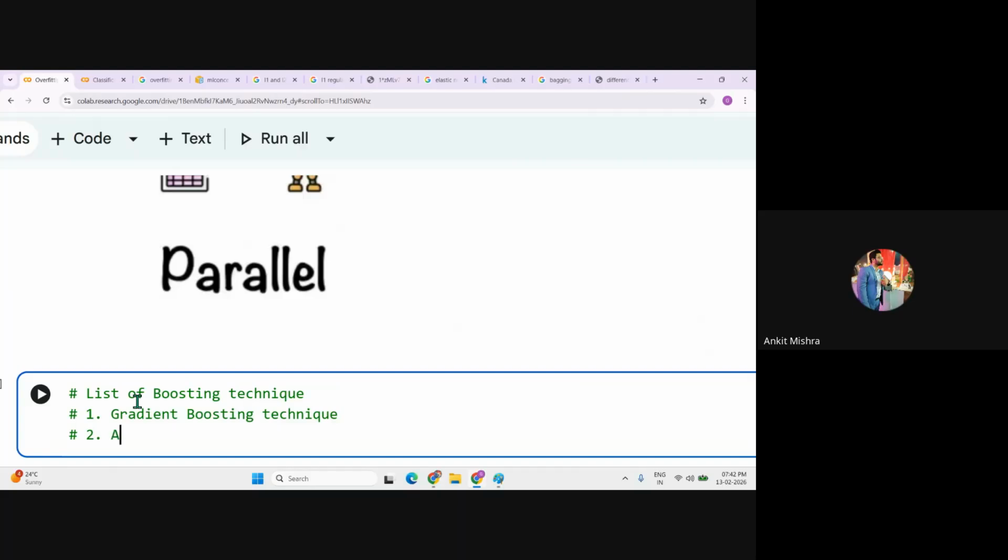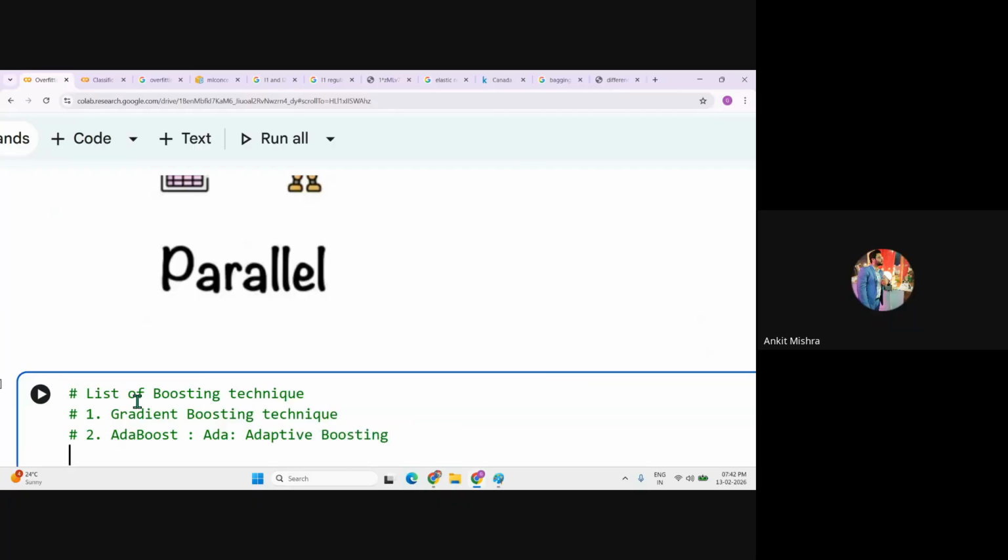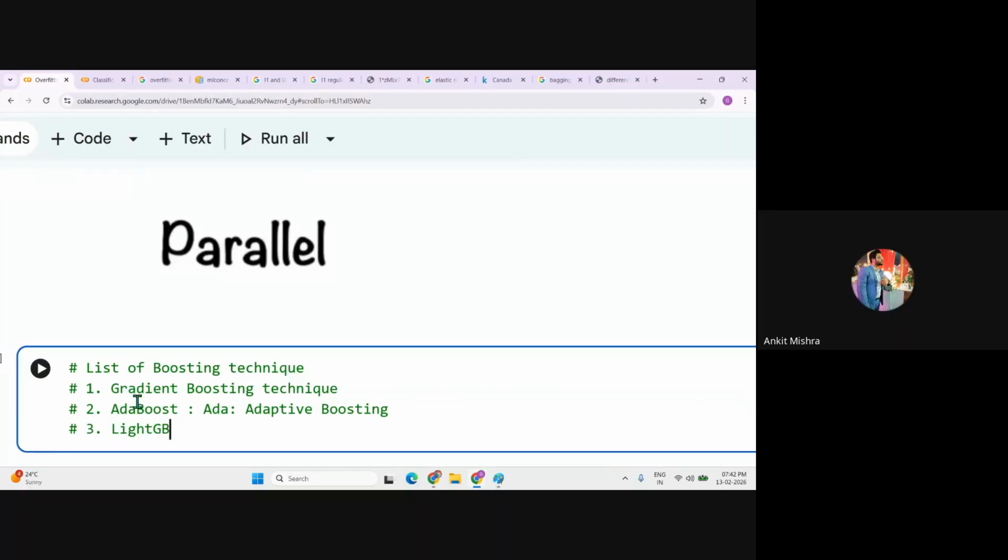The second one is AdaBoost. The ADA generally refers to adaptive boosting. The third one is called LightGBM.